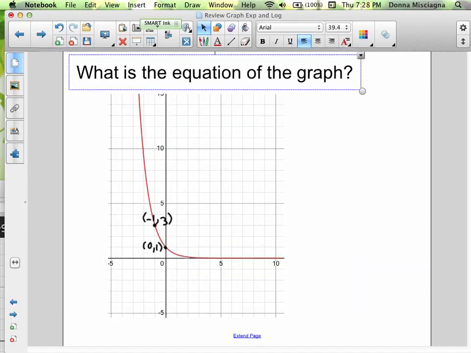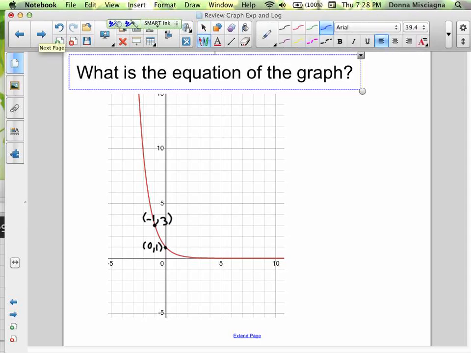All right, now what is the equation of the graph? Now this one is an exponential. So logarithmic goes through the point (1, 0). Exponential goes through the point (0, 1). All right, so we're going through the point (0, 1). This means the graph is not shifted.